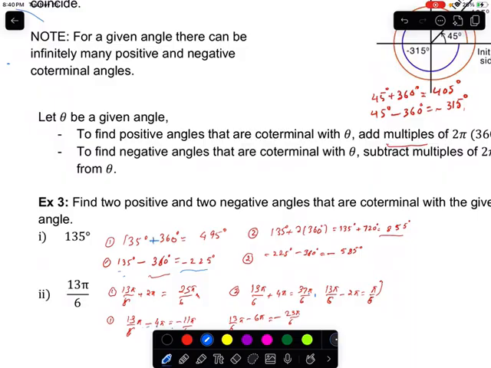So instead of adding 2 pi, I am adding 360, which gives me 495 degrees. This is one positive angle. For the second positive angle, I am adding the second multiple of 360, 2 times 360, which gives me 855.